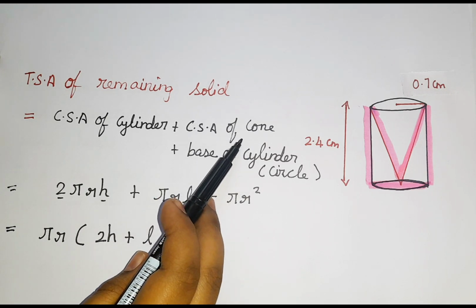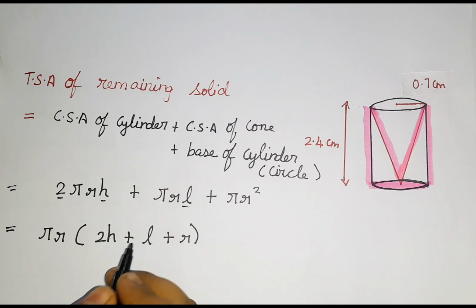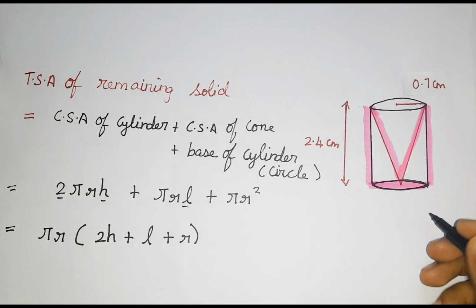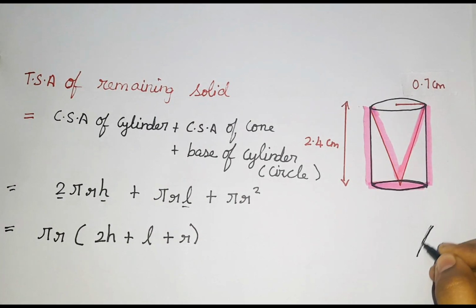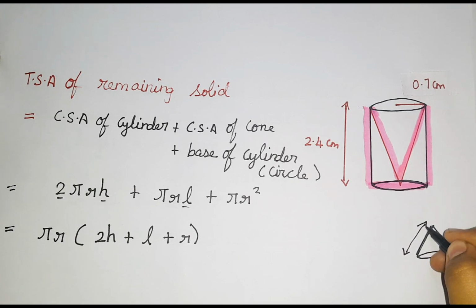Whenever you have L with a cone, that is not length, that is slant height. So what is slant height? For example, the cone here is upside down. If you draw the cone properly, in this cone this is the slant height.